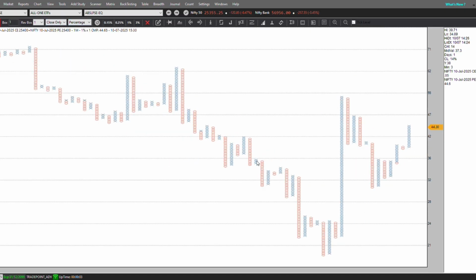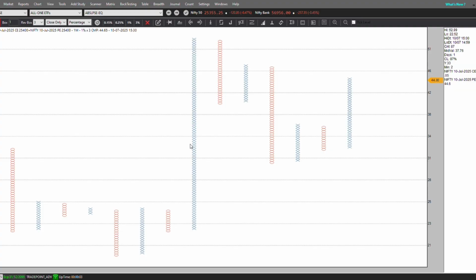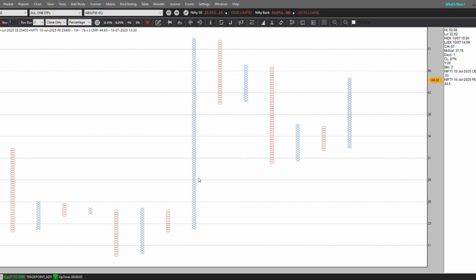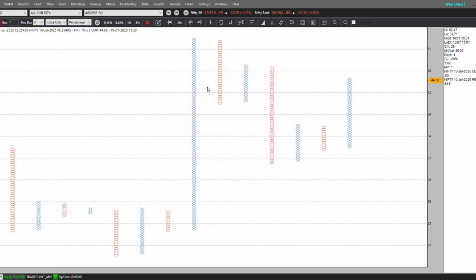If I see this chart here, there are two structures in it: this X, like this blue X, and second, O. Now these X are the green candles of this chart.